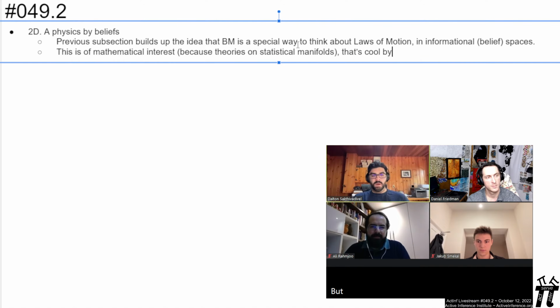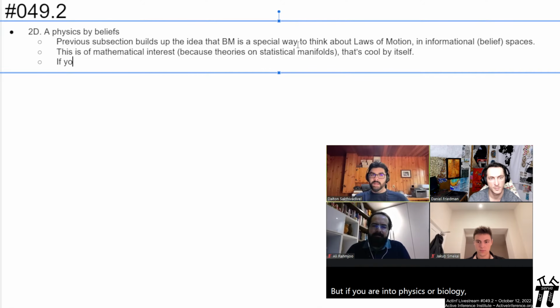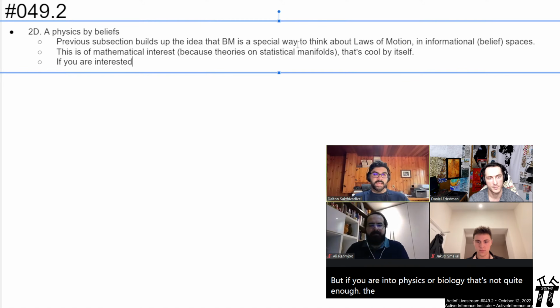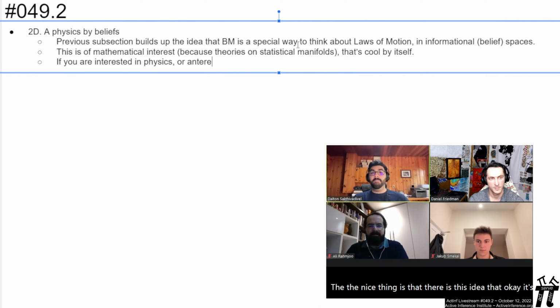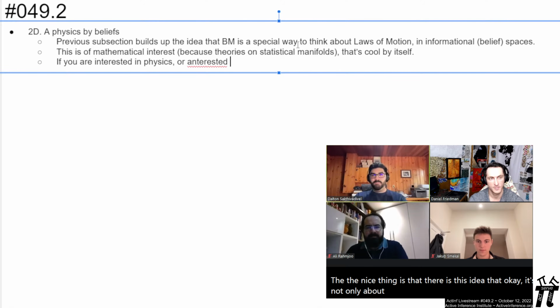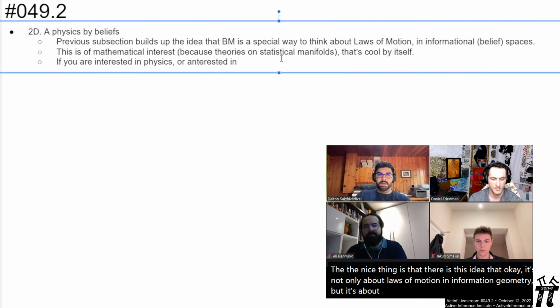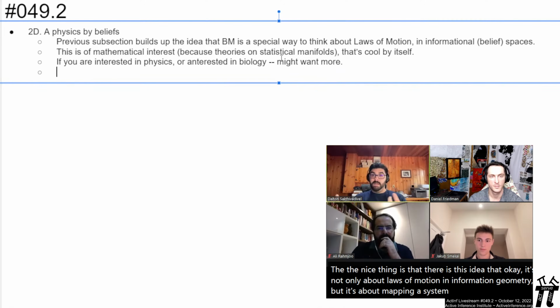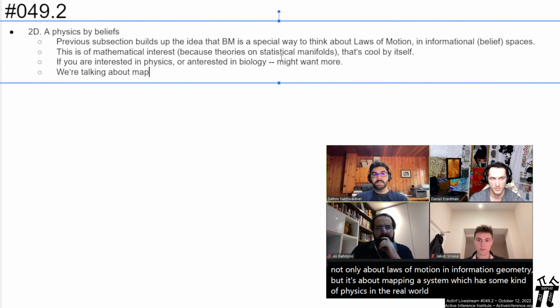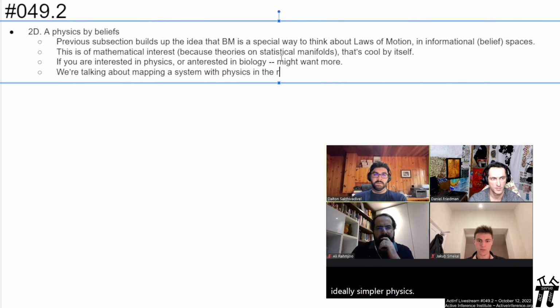But if you are into physics or biology, that's not quite enough. The nice thing is that it's not only about laws of motion in information geometry, but it's about mapping a system which has some kind of physics in the real world into an ideally simpler physics in statistical manifold.